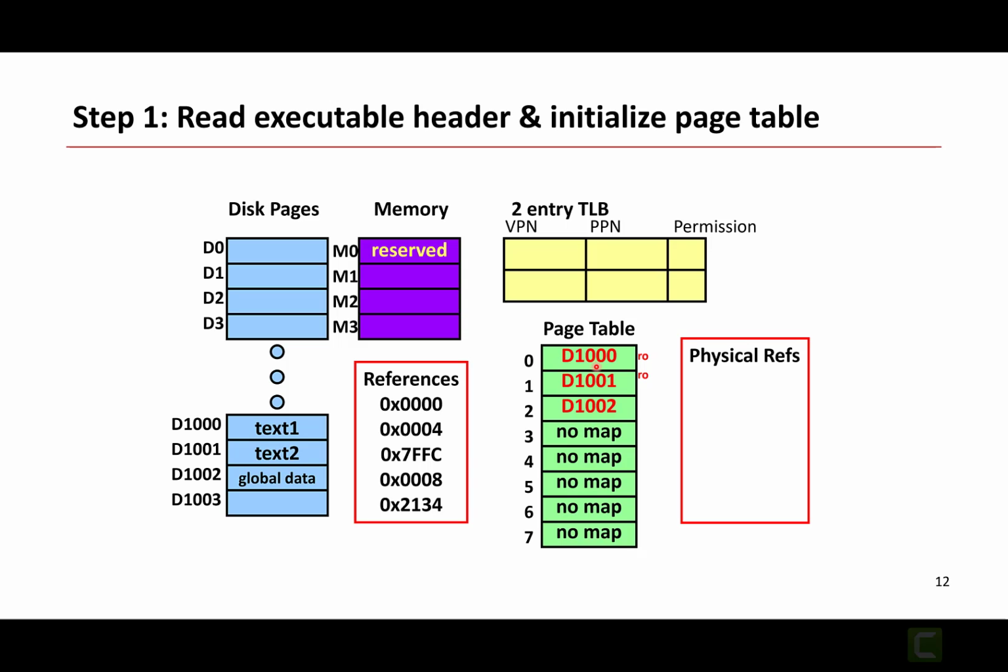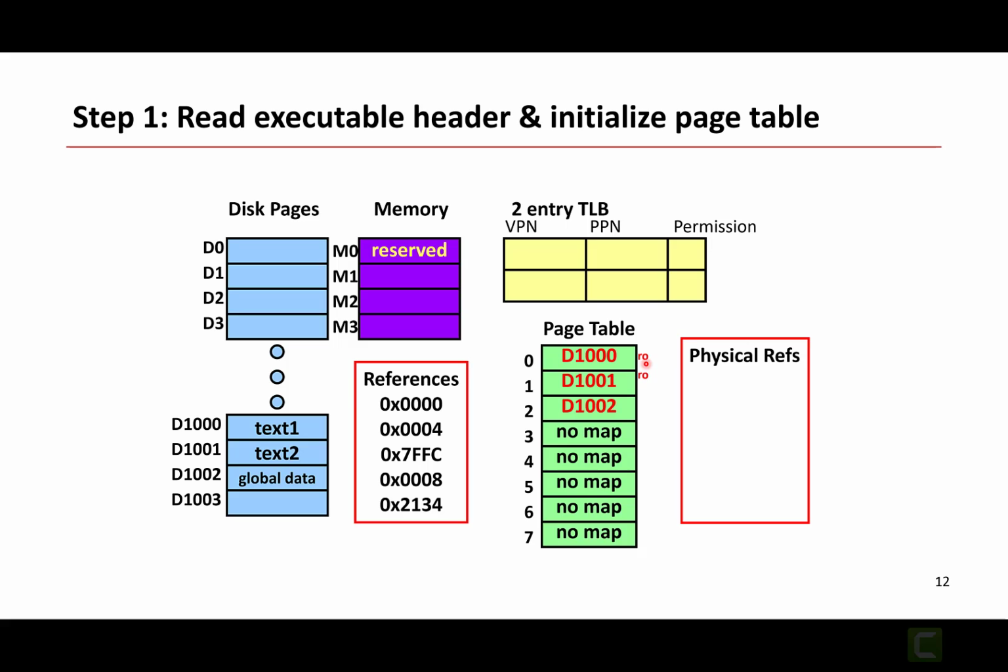So what D1000 says is my virtual page 0 is an instruction segment's page, and it is located on the disk, which is text 1. And I'm going to mark it as read only because I don't want my program to change my instructions.